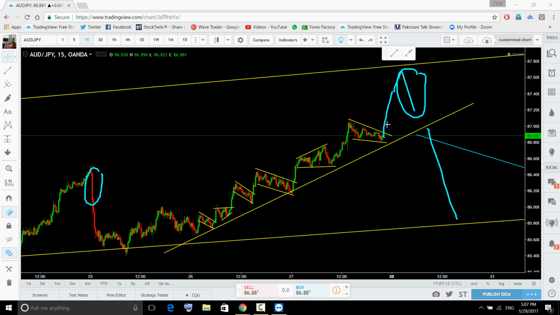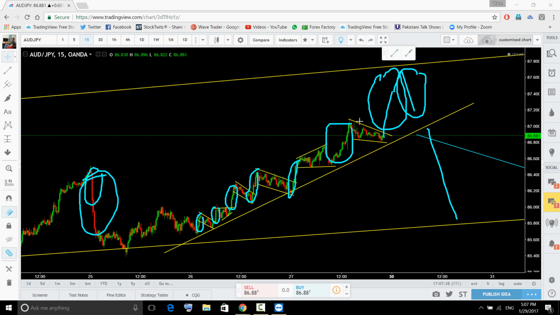You can look for a short-term buy setup, something like this move, something like this move, something like this move. You can look for that move at this place, but for a short, you need to watch for this price action here at this place.